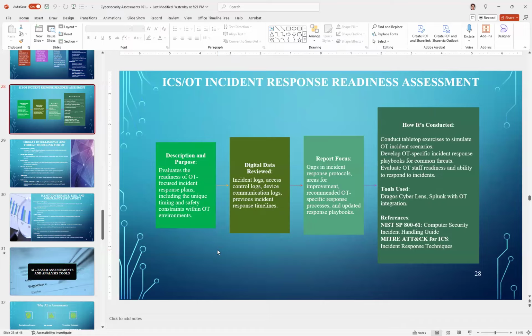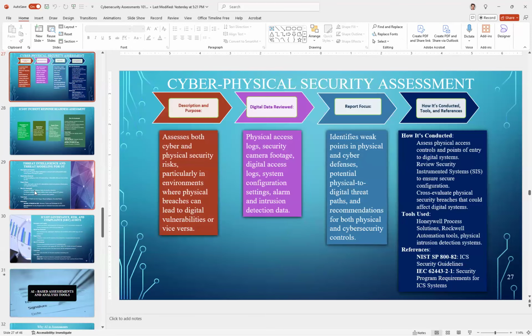If you don't practice your protection that you've implemented, you don't know if it works later on down the road, but we all know that. The tools recommended for use are Dragos CyberLens, Splunk with OT integration, and your references again from NIST for the Computer Security Incident Handling Guide, and MITRE ATT&CK for ICS.